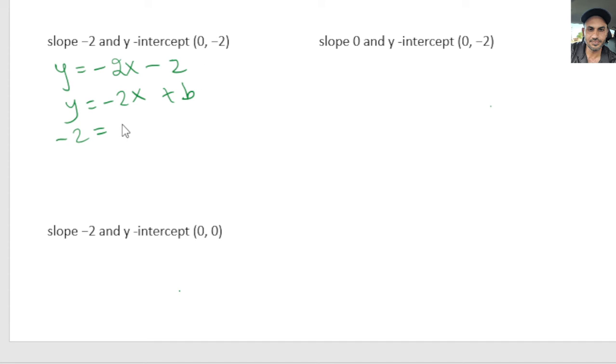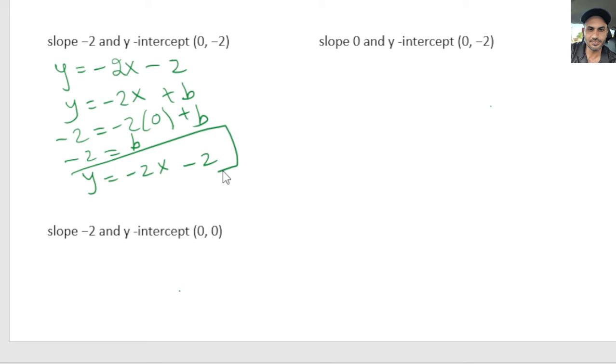Y is negative 2, so negative 2 equals negative 2 times 0 plus b. So this is gone, so you're left with negative 2 equals b. And now you plug in this value right here, so y equals negative 2x minus 2. So this is your equation of the line, with the slope negative 2 and the y-intercept negative 2.